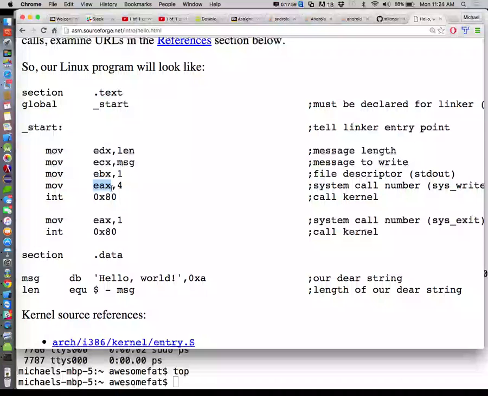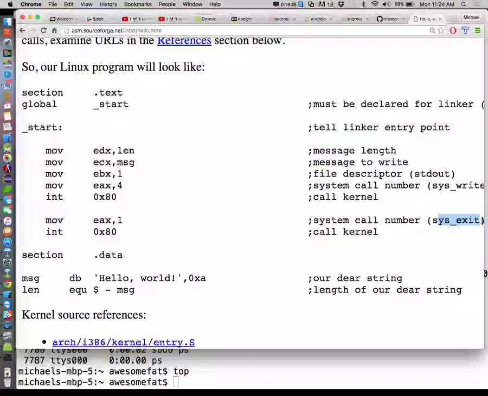It uses the other hardware registers, and there's more than just 4 of them, to stage values that the system calls we're going to call require. Now we're passing system call number 1 into this register, which relates to system exit on the Linux operating system. And it just so happens that system exit requires 0 parameters.